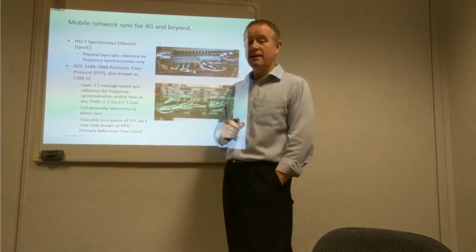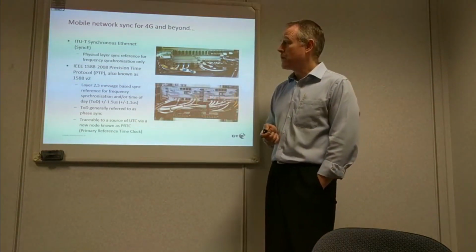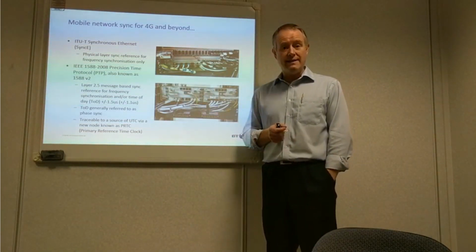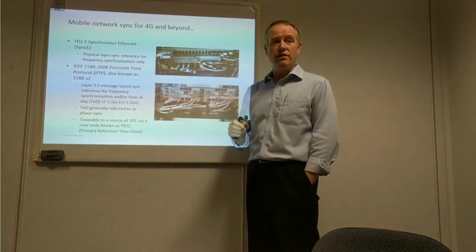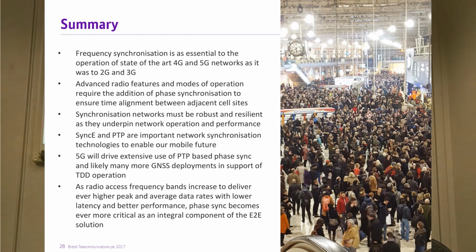There was another technique developed by the IEEE, known as 1588-2008, or PTP, the Precision Time Protocol, and that can also be used to deliver frequency synchronization by using a message-based system, so like a layer 2.5 type system, delivering messages which at the end would clock out synchronous Ethernet to a particular box.